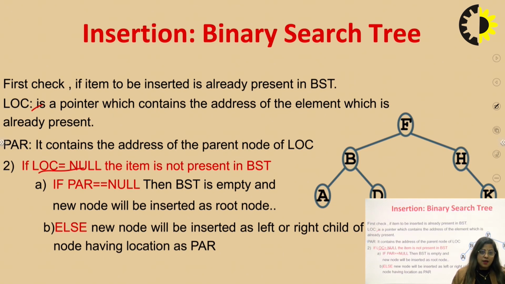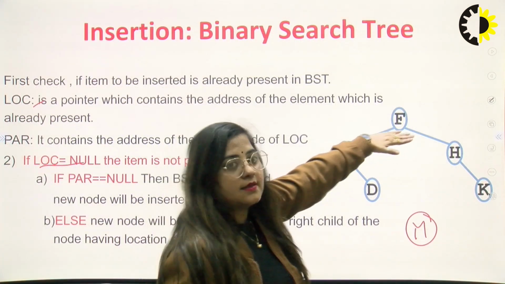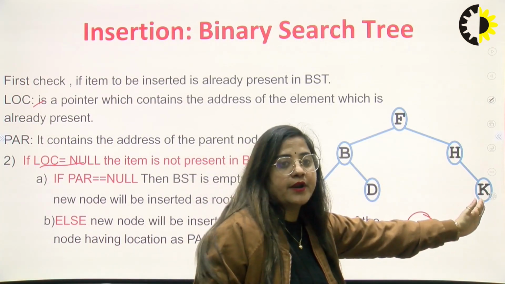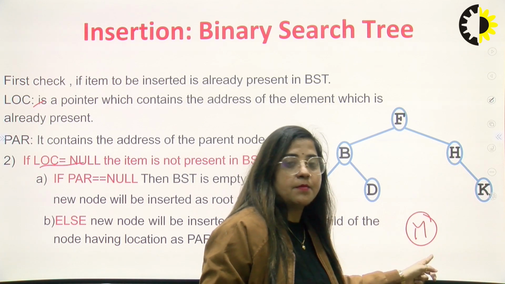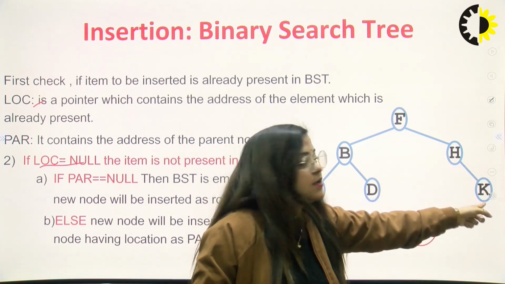Now comes to the further properties. Let's suppose these are the already present nodes, and now you want to insert any other number. Let's suppose you want to insert M. According to this, starting at the root node, check if it is greater or less, then come to the right side. M, again check M is greater or less than this, again comes to the right side.